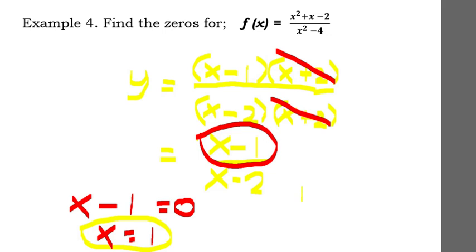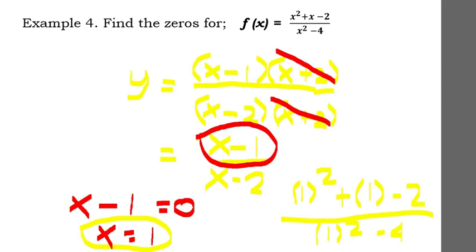So 1 squared plus 1 minus 2 over 1 squared minus 4.